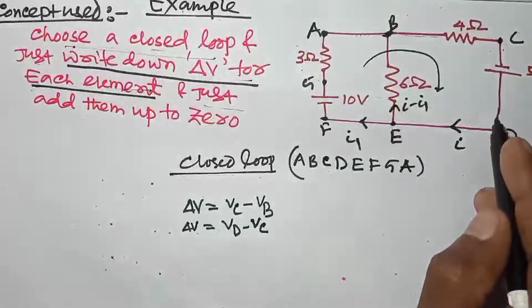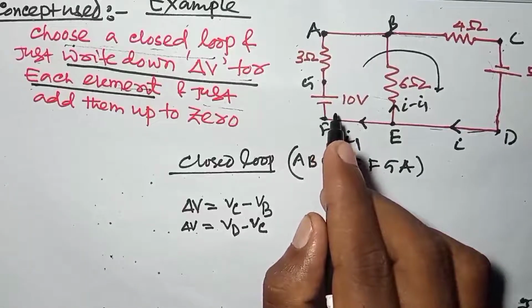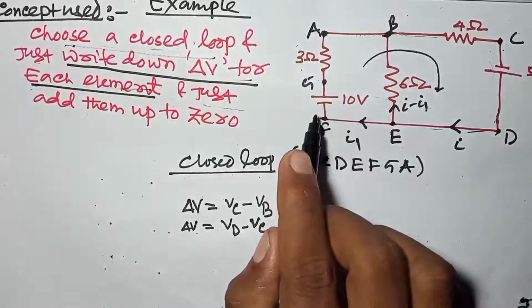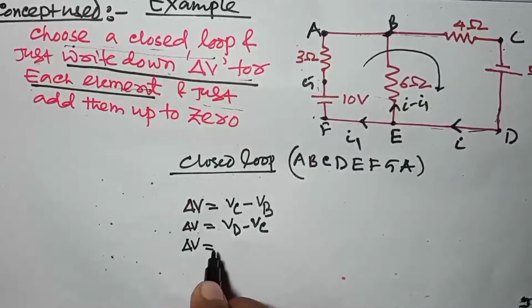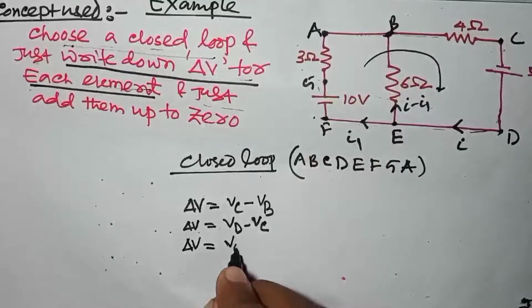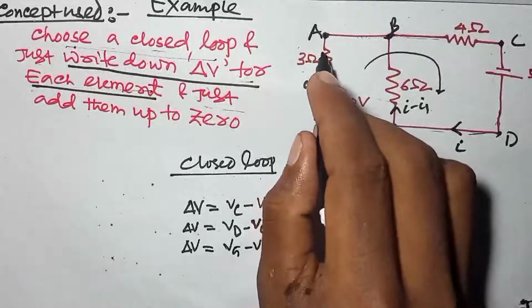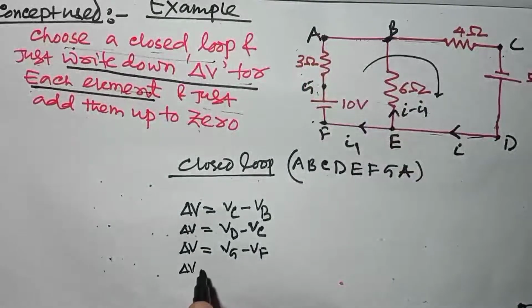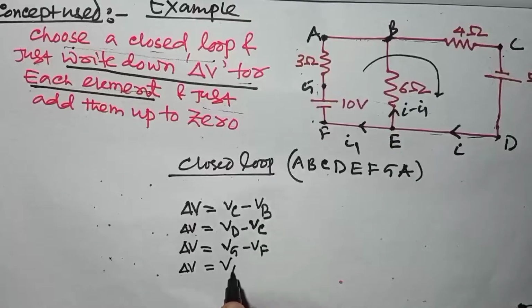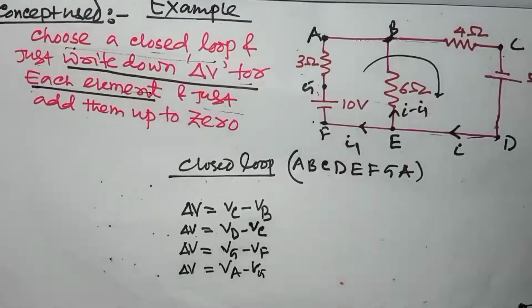Again I come in this direction, and here I encountered a battery, so my del V will be Vg minus Vf. Then again I encountered a resistor, and going from this to this, my del V will be Va minus Vg.